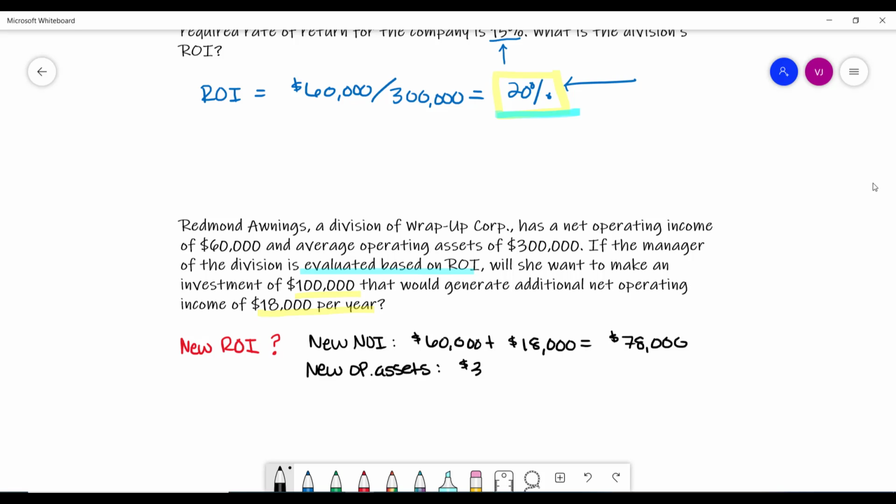Remember, it was currently sitting at 300, but if we invest $100,000 more, then we're investing in more assets, so our operating assets would go up to $400,000. So what would be the new ROI post-investment? We know ROI is our net operating income divided by average operating assets. So we have 78,000 divided by 400,000.